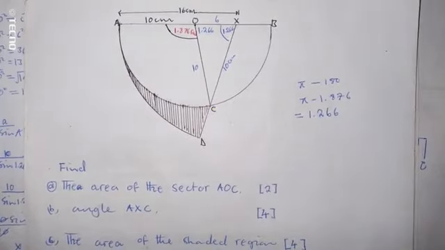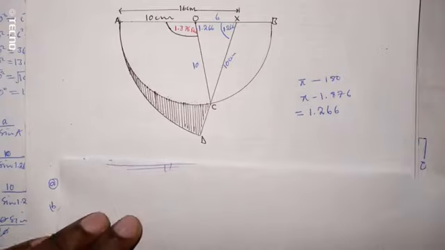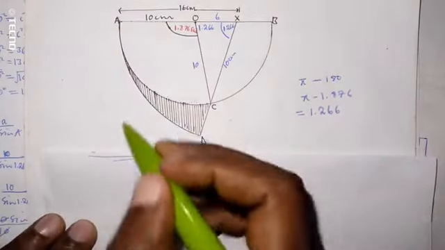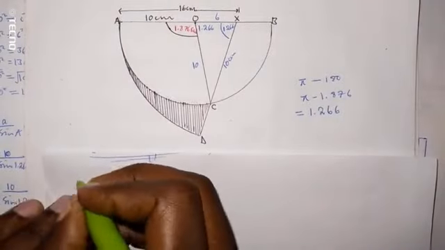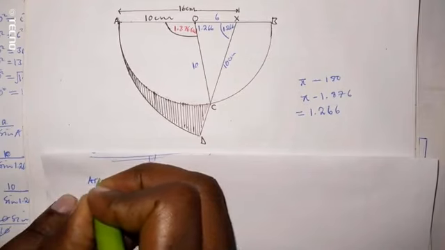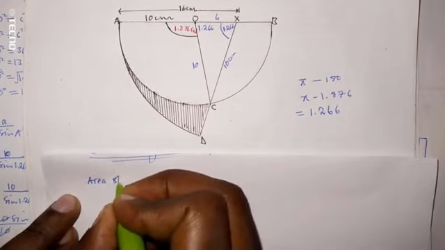What they want is the area of the shaded region. So we say it's the area of the shaded part.